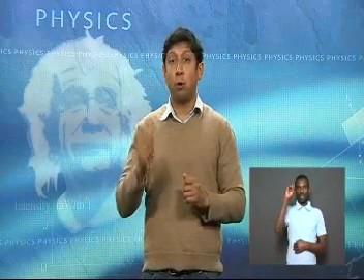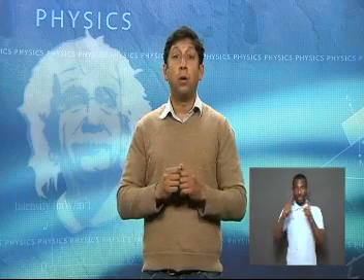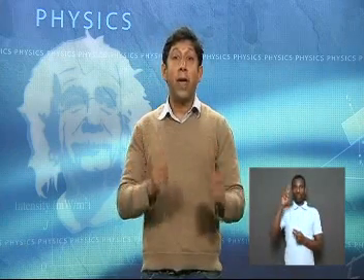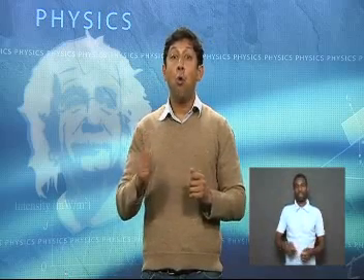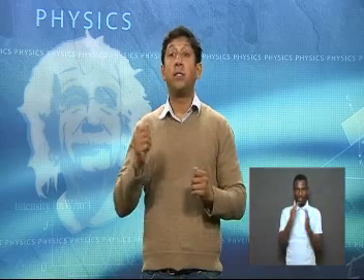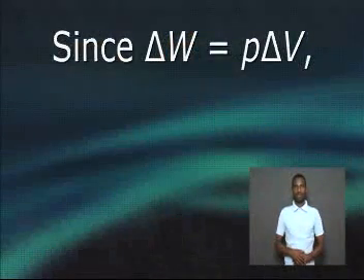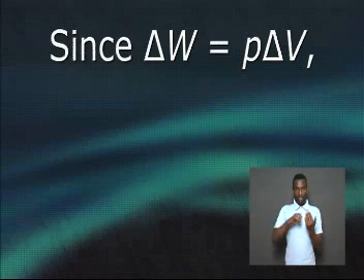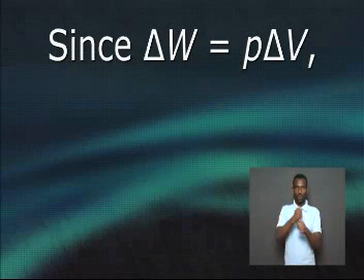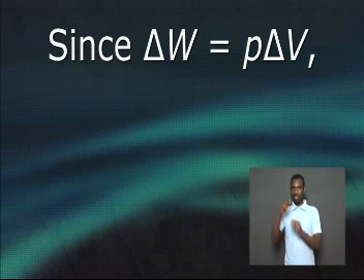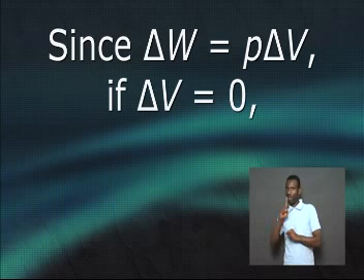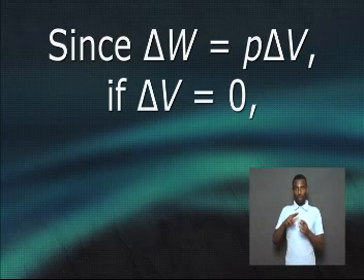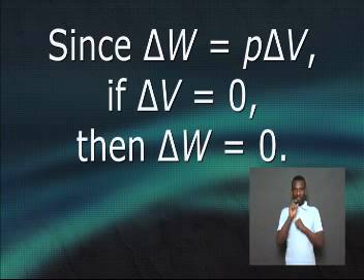In isochoric processes, the volume of the system remains constant. Thus, there is no work being done on the system. Since we established that the increase in work is equal to pressure times an increase in volume, we can safely say change in volume and work done must equal 0.